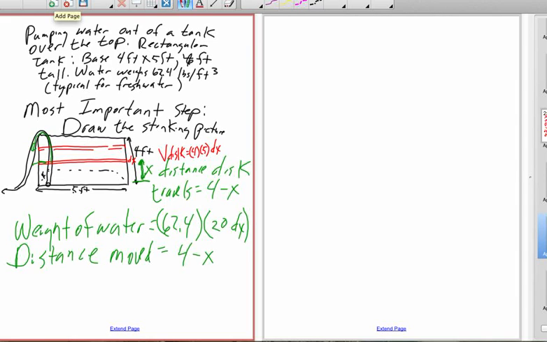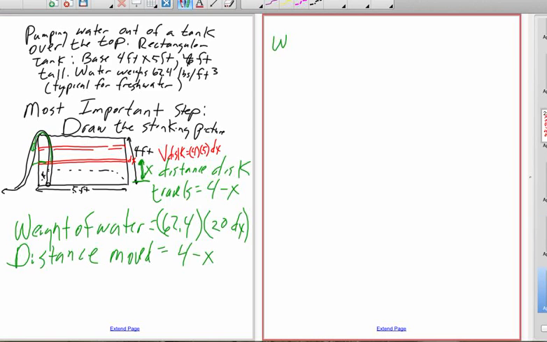So the work done for my little individual disc is going to be the weight of the water, which is 62.4 times 20, and I'm going to go ahead and multiply these out. That's 1,248 dx.